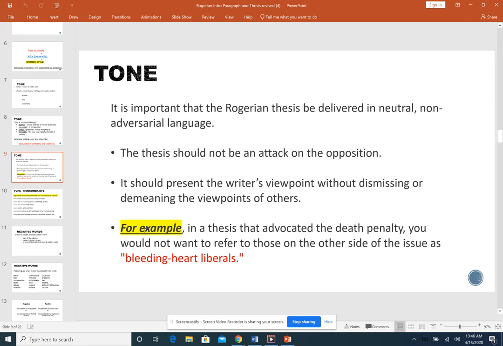Let's look at this example. In a thesis that advocated the death penalty, you would not want to refer to those on the other side of the issue as bleeding heart liberals. That's a very negative, harsh tone, very judgmental. So we would not want to use words such as that in our paper.